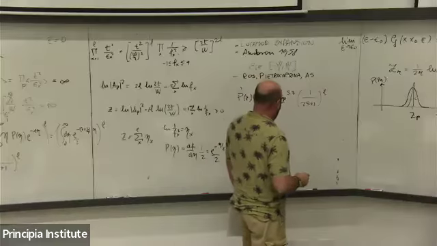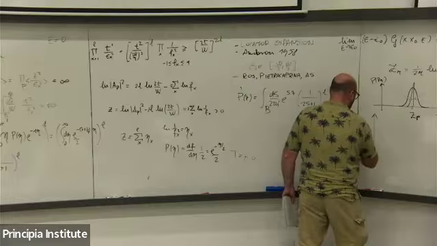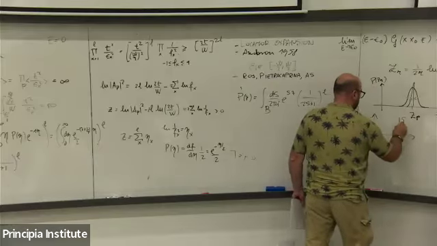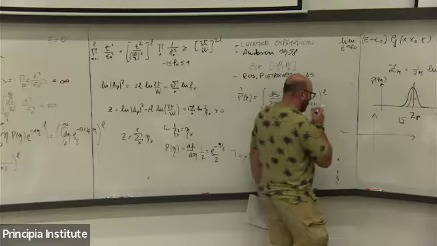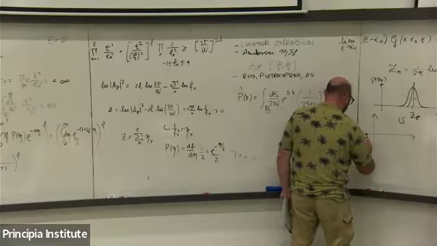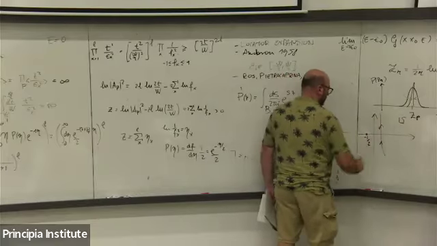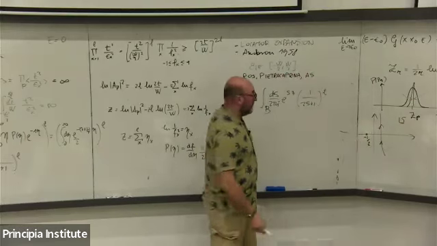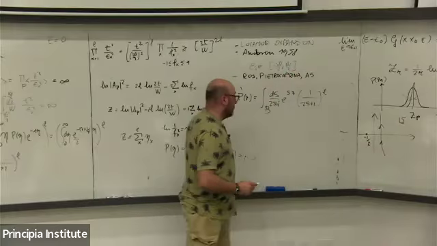What's the Bromwich path? It is the path that passes to the right of every singularity. The only singularity here is an L-th order pole located at minus 1 half. So I can choose any path which is to the right of this. I can cross the path to the left and circle the pole.